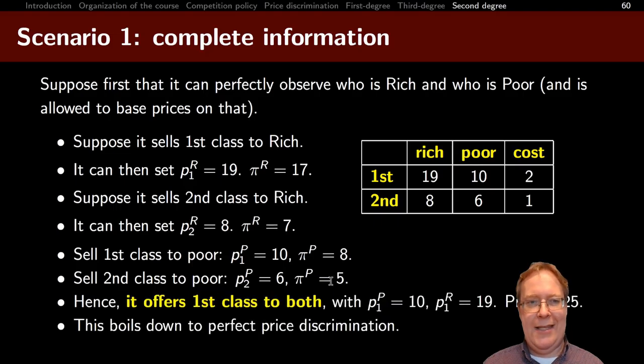So in this case, it turns out to be profit maximizing to offer first class tickets to both, but charge 10 to the poor and 19 to the rich. And in that case, your profit will be 25 multiplied by the number of people, of course. So this would boil down to perfect price discrimination, right? I can observe who is rich, who is poor. I can adapt my prices to that.